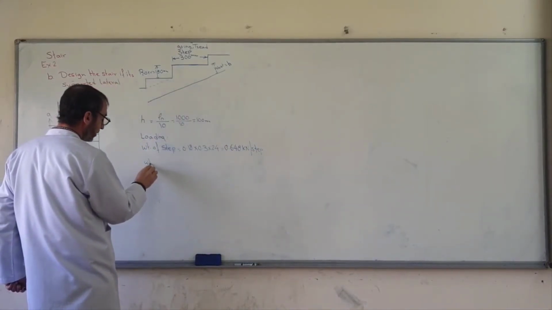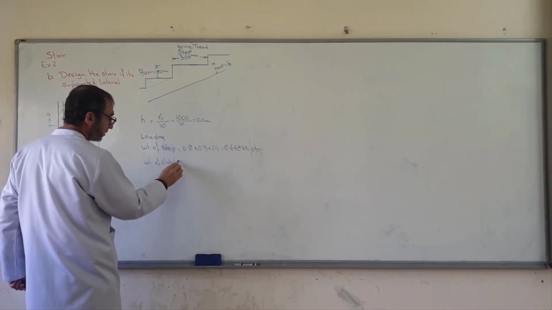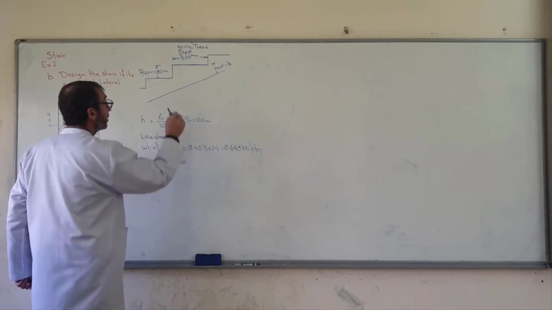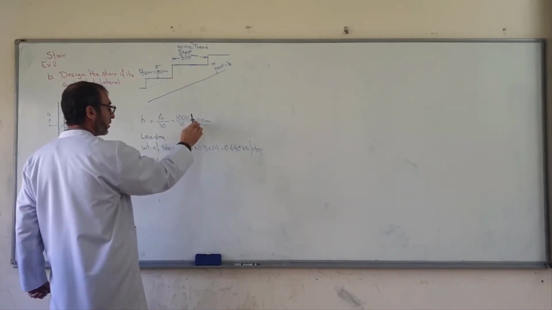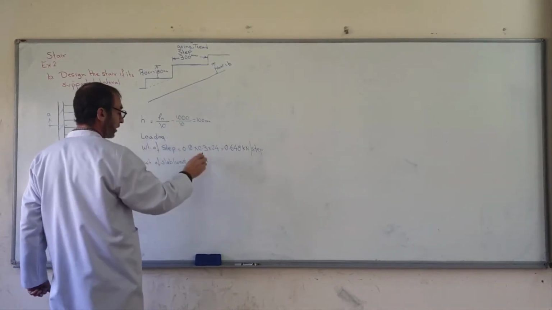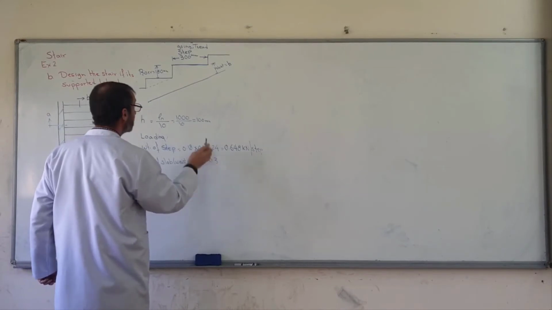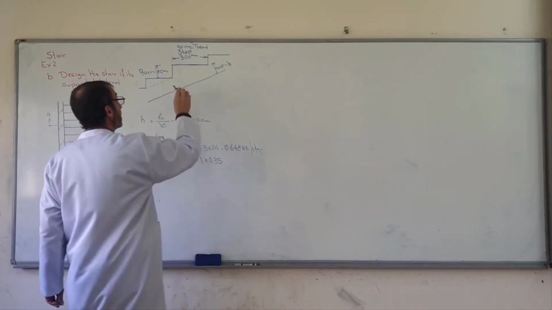Now the weight of the slab or waist. The weight is equal to the thickness, which we found to be 0.1, times the length.